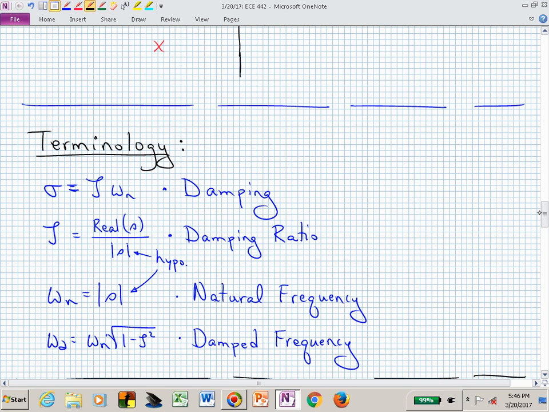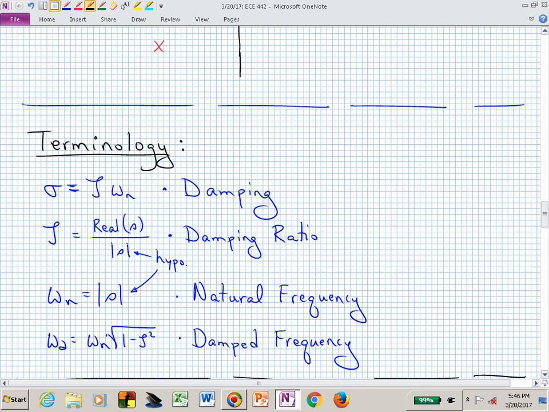And here is our terminology. We have the damping, that's the distance into the left half plane. We have our damping ratio, which is the ratio between the real part of those poles and the hypotenuse, or the magnitude of S: the magnitude of S is in the denominator and the real part of S is in the numerator.